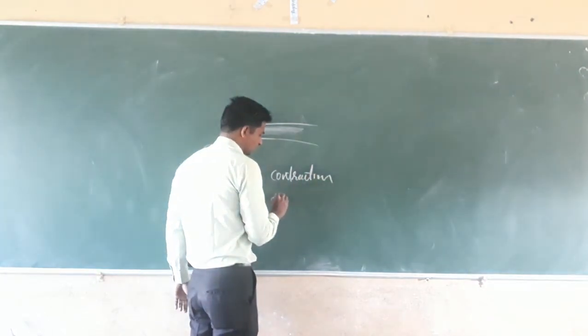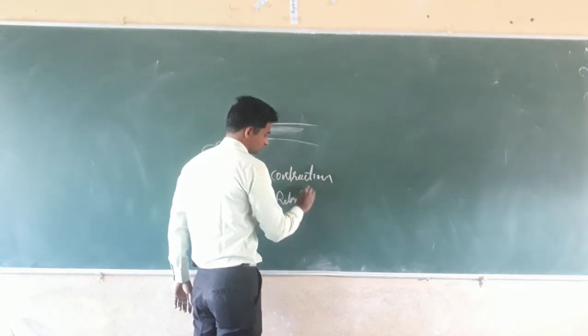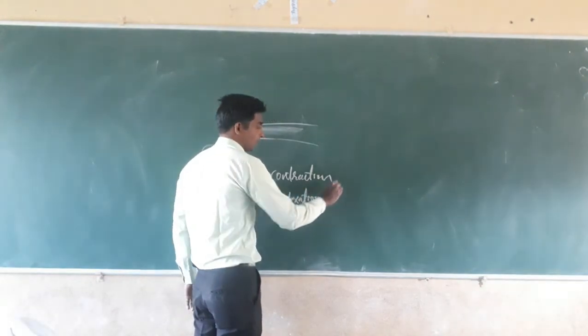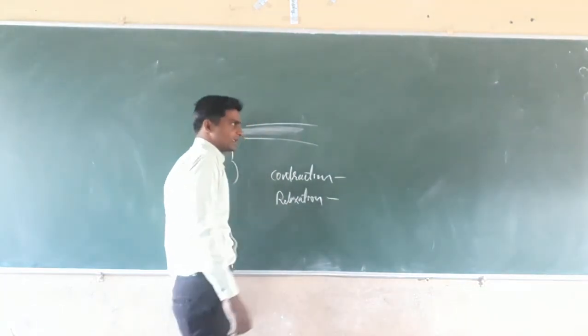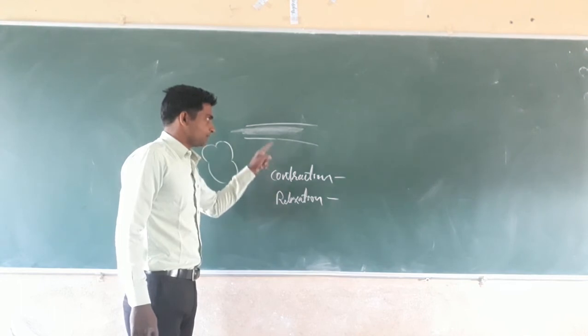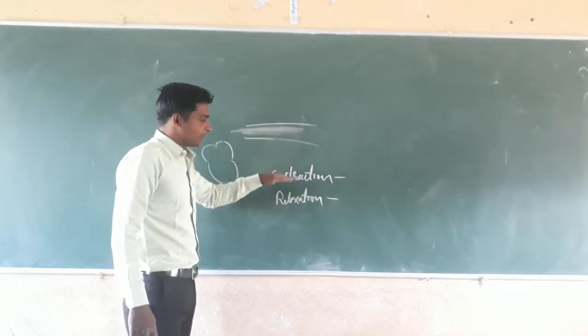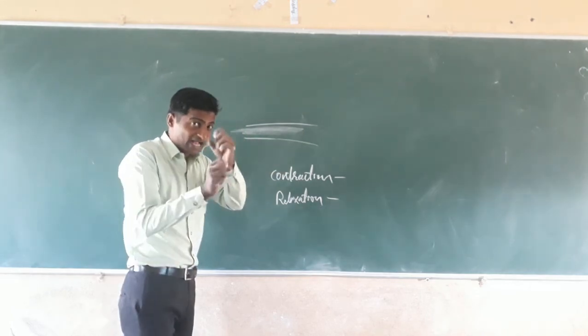Second one due to the relaxation. One is contraction, the other one is relaxation. The blood exerts the pressure on the wall of the blood vessels by contraction and relaxation taking place in the heart.